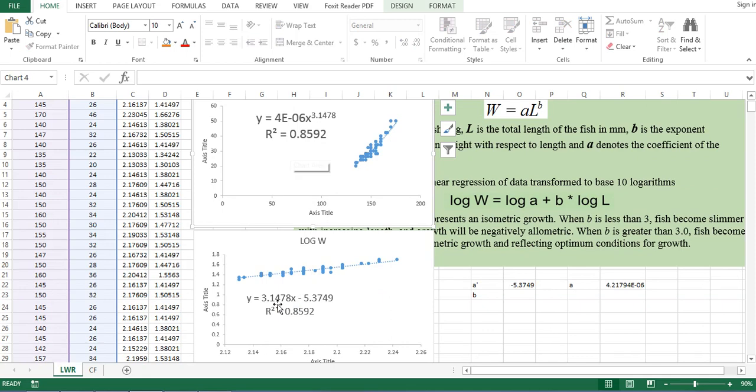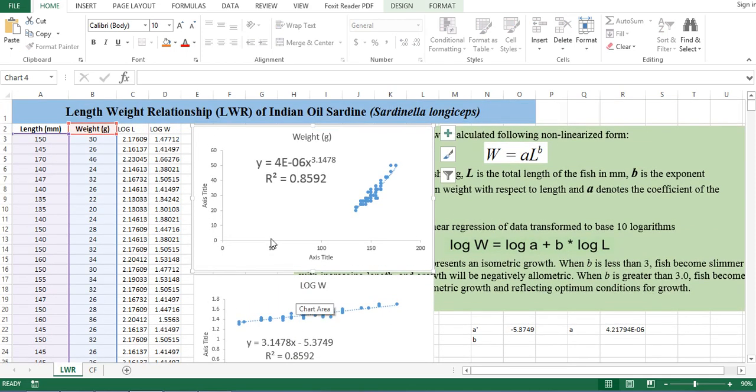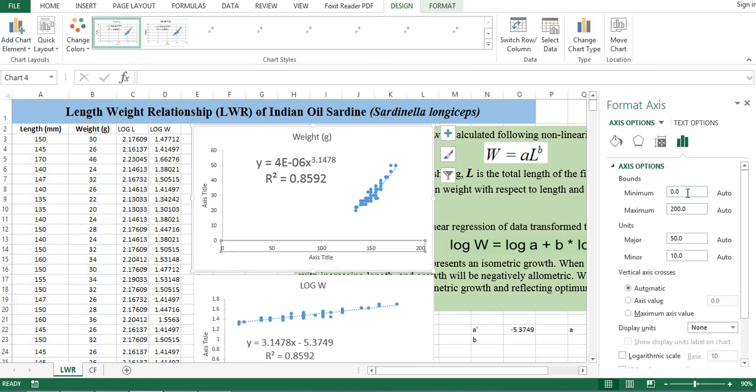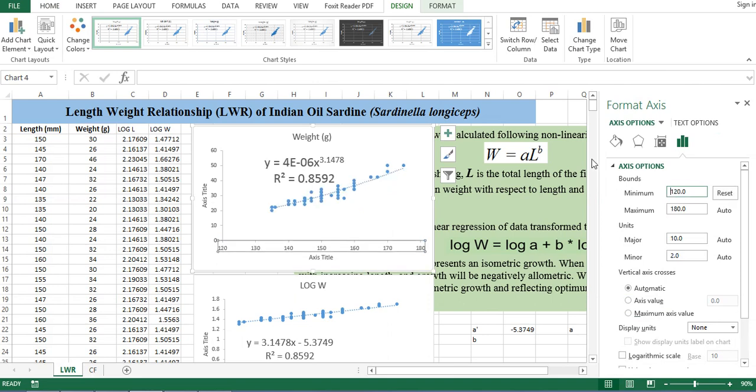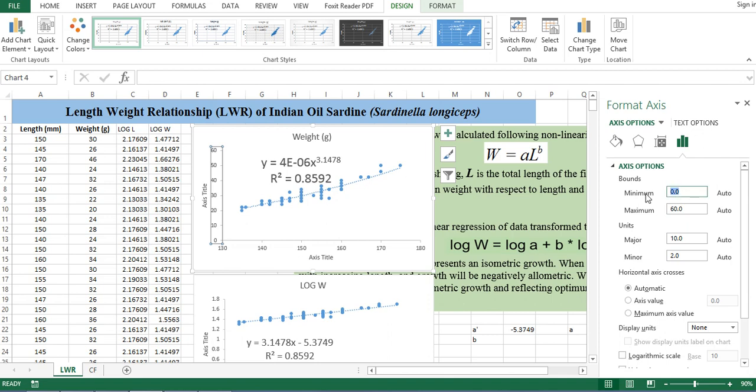So this is how we can calculate the length weight relationship, or we can estimate the b value. So here we are just making a little modification of the graph. We are making this border 120, and it's 130, to make it good, and you just make this axis 15 to make it look good.